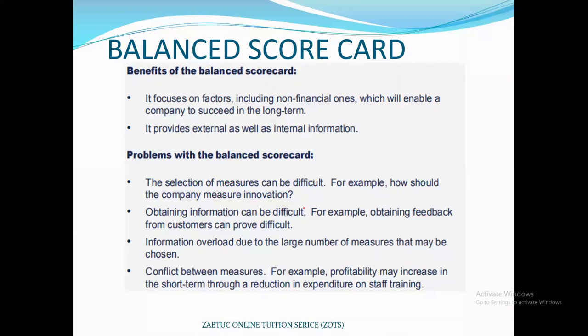If you're in the retail industry, you're running a supermarket, how do you get the customer feedback? Because customers are always in a hurry there. Information overload due to the large number of measures that may be chosen. This one, we didn't have it yesterday on our list.